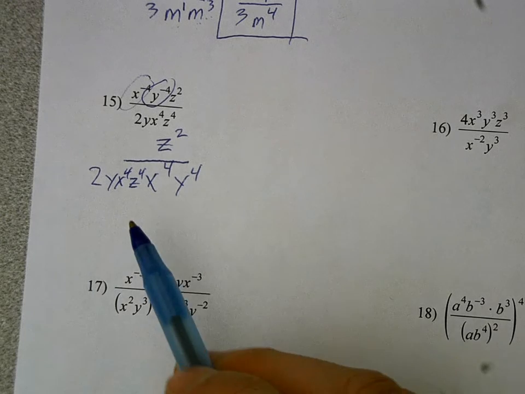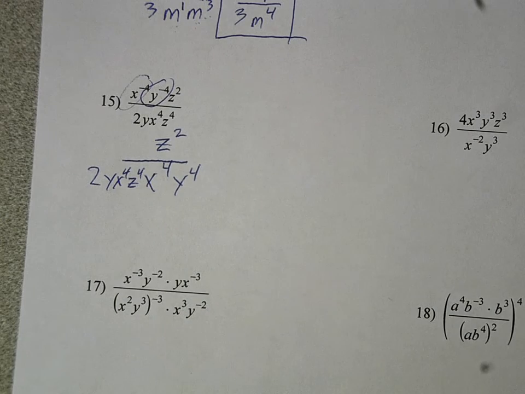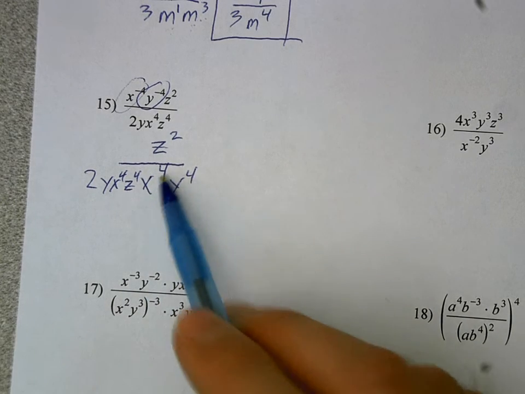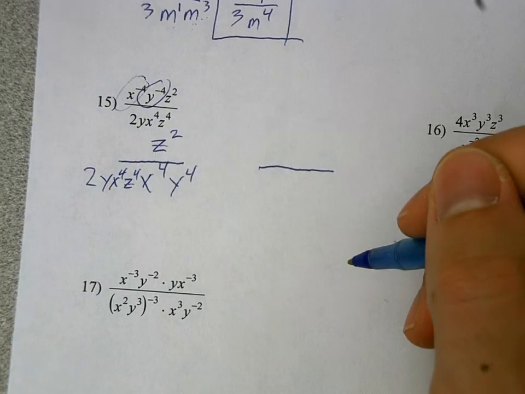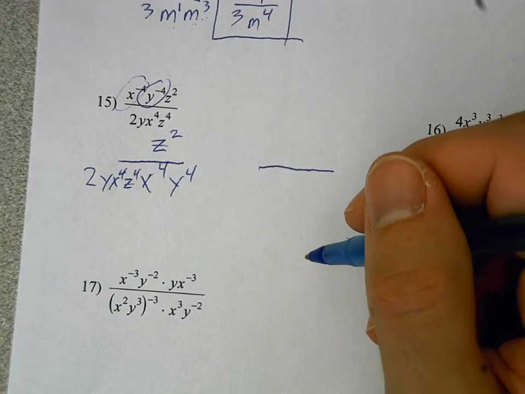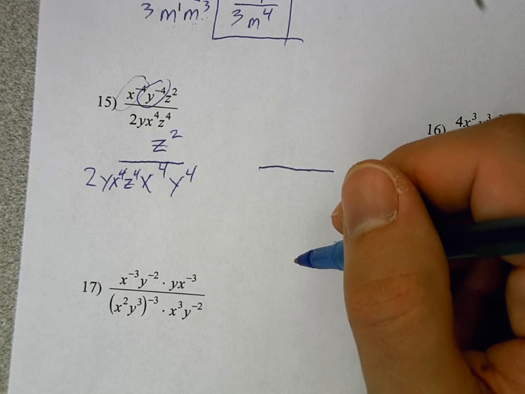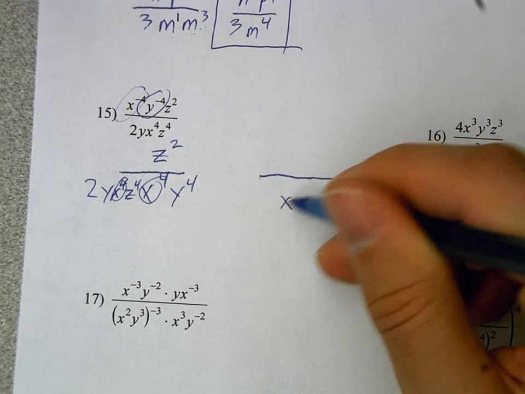Okay, so are the x's on the same side of the fraction or opposite sides? Okay, so what do we do with those two? Combine. Yeah, and so if I have x to the fourth and another x to the fourth, what does that make? X to the 8. You're right. So, and again, those of you that were gone yesterday, you missed some of the review on exponent rules, but it should have been review. A lot of you have seen it before. X to the fourth makes x to the eighth. Is exactly right, Alina.